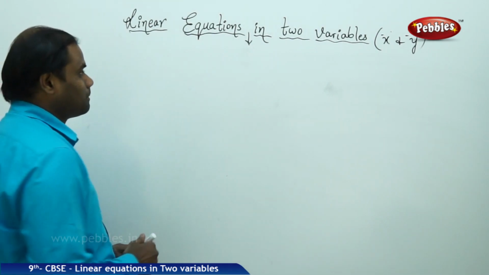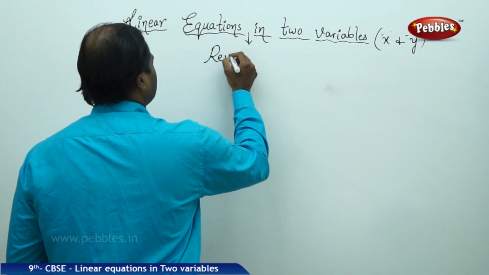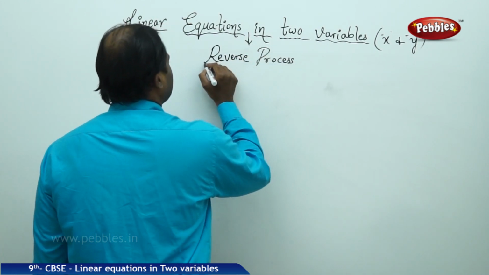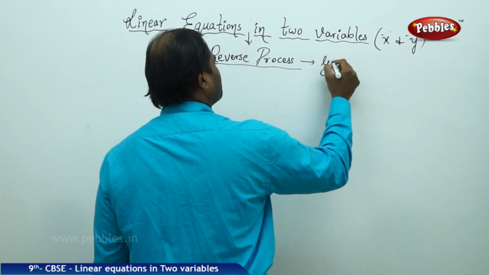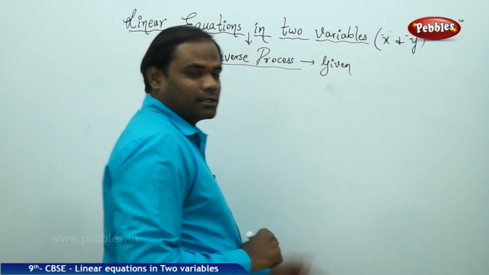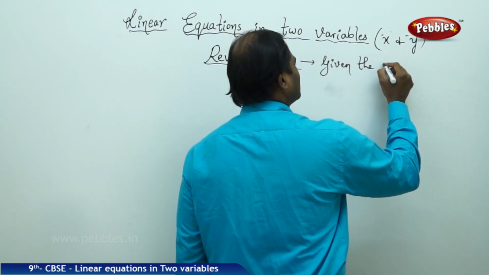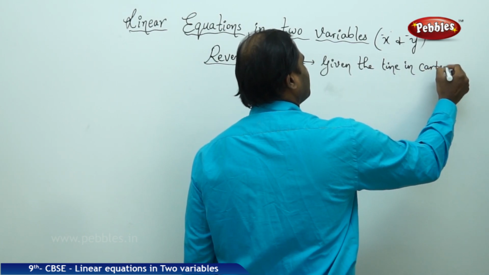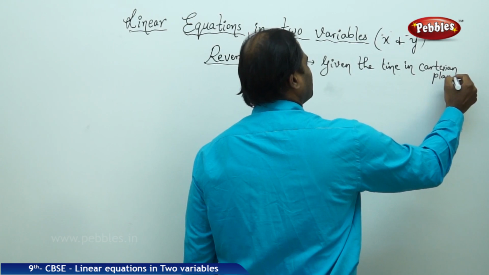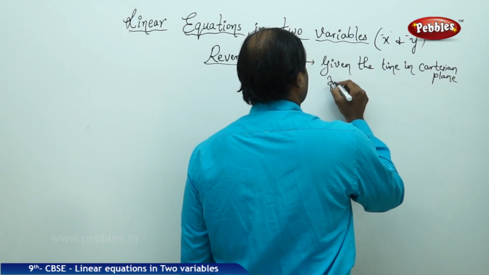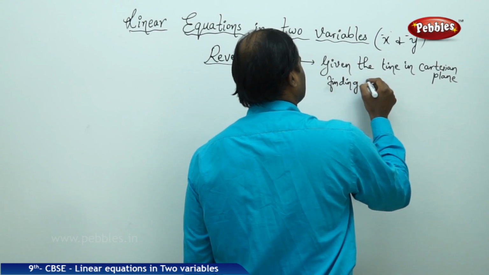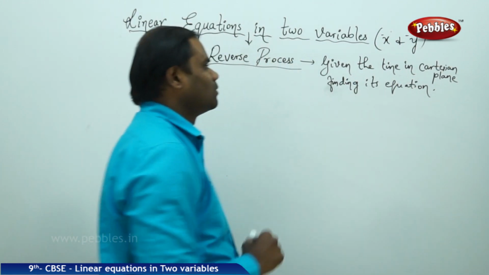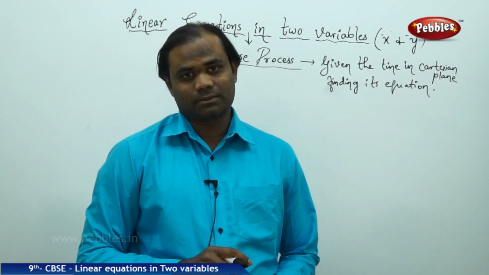So let's see the concept. The reverse process here is, given the line in Cartesian plane, finding its equation is how we are going to identify through this.